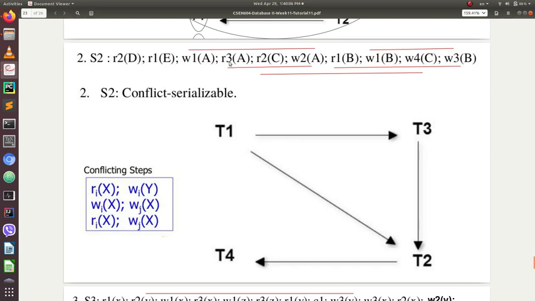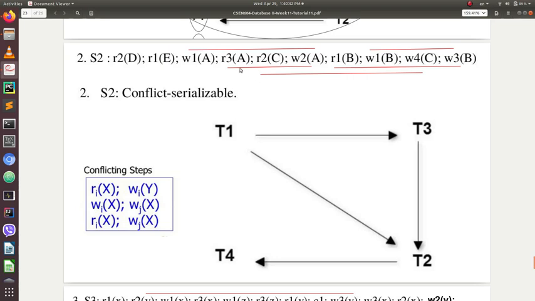The next one, read operation. Transaction 3 reads A. So I must find a different transaction that writes the same element A, and it can be found easily. Okay, so I will draw an edge going from transaction 3 T3 going to transaction 2. So here's an edge going from T3 to T2.